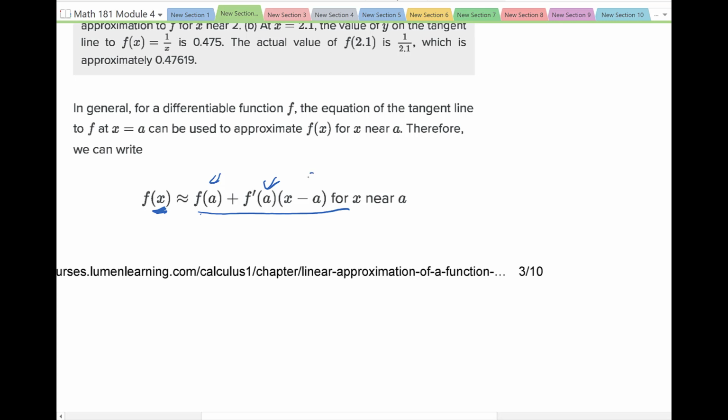And then this will talk about the difference between the value of x and that value of a. Tangent, line, point, and wanted value.